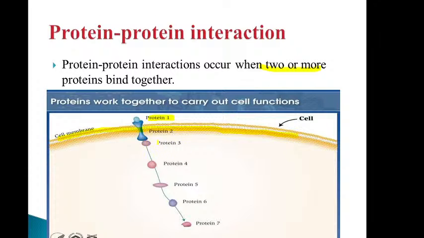Then we have protein 2, which is inside the cell. Protein 3, protein 4, protein 5, 6 and 7. They are interacting with each other, and they are also passing some signals from one protein to the second, from the second to the third.